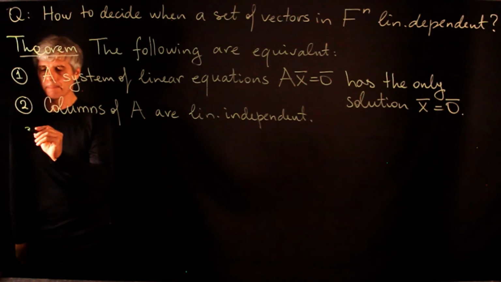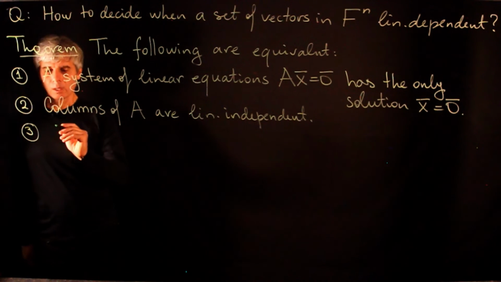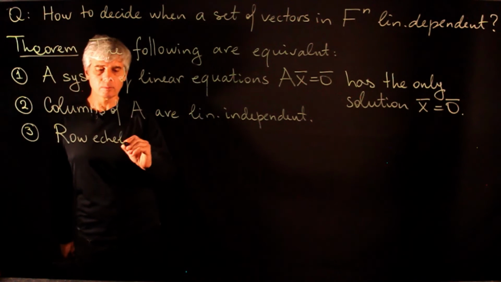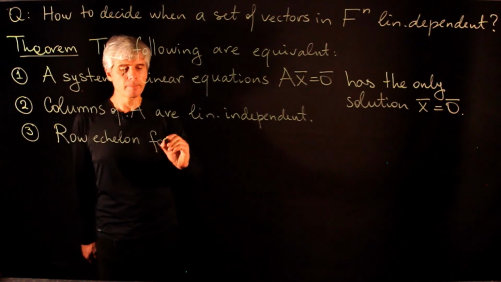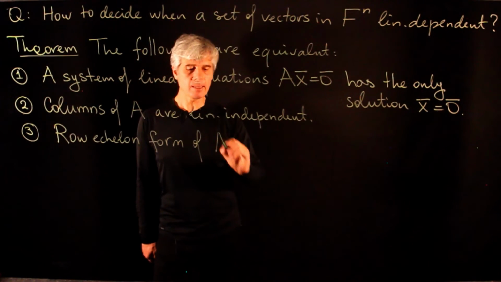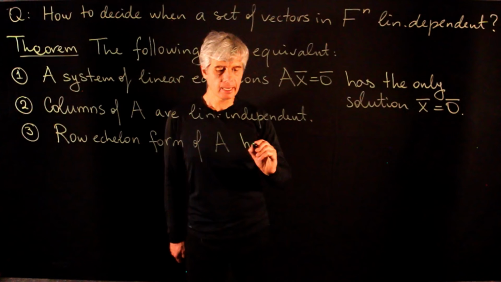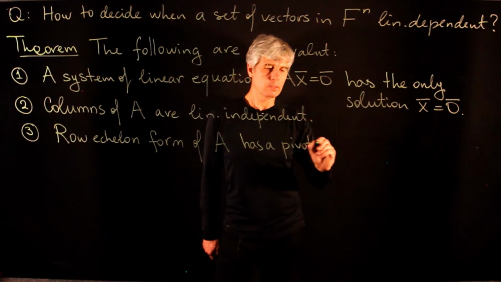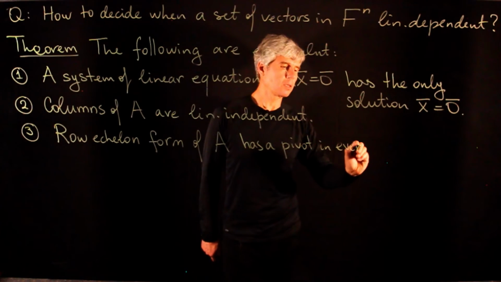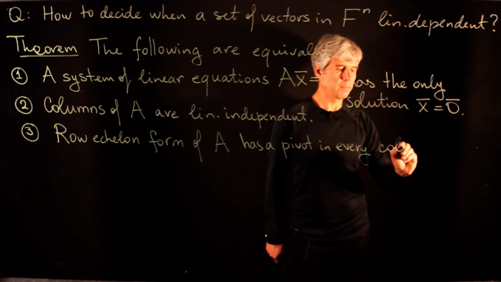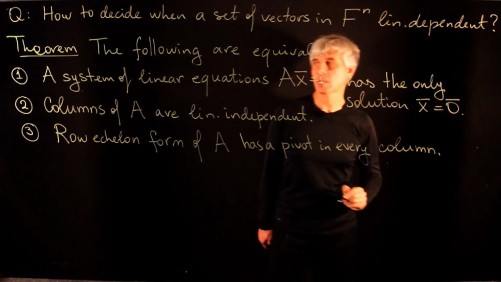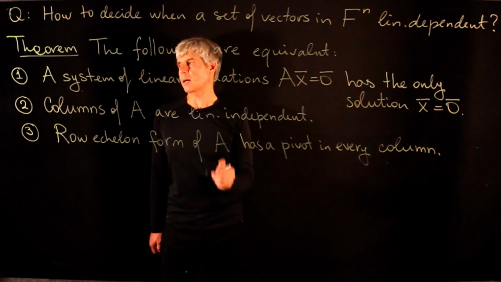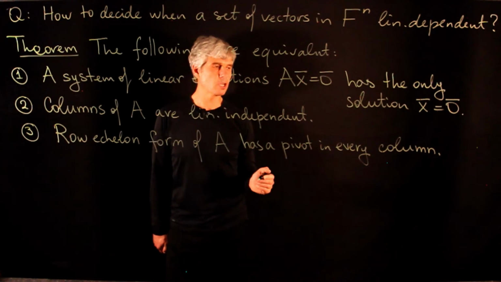And 3, row echelon form of A has a pivot in every column. So what we're claiming is that these three conditions are equivalent to each other.